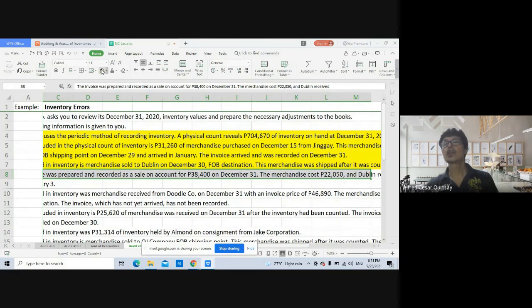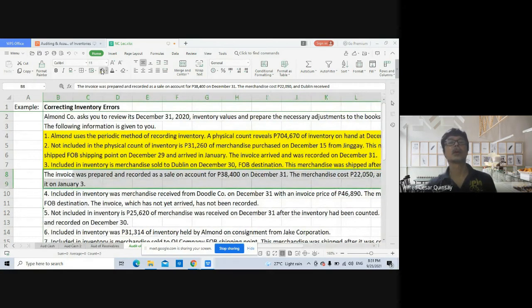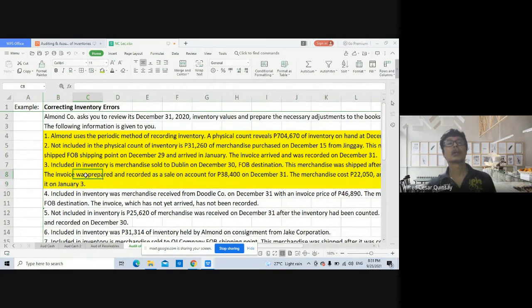The merchandise cost 22,050 and Dublin received it on January 3. Now, the inventory is included for that merchandise.